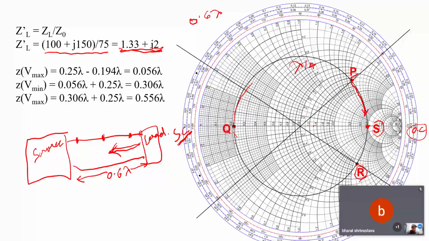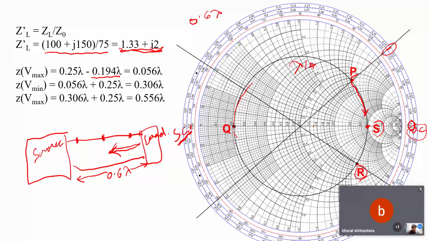Now what will be the distance? Here this starts from 0, and here this point is 0.25. For finding out the location of the first maxima, we subtract 0.25 by this location, which is near about 0.194 lambda.